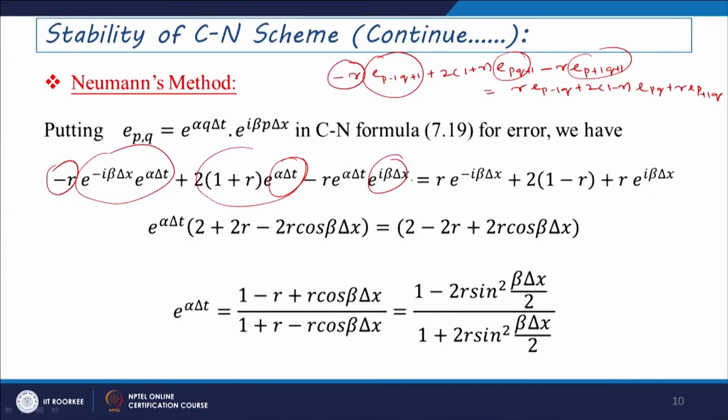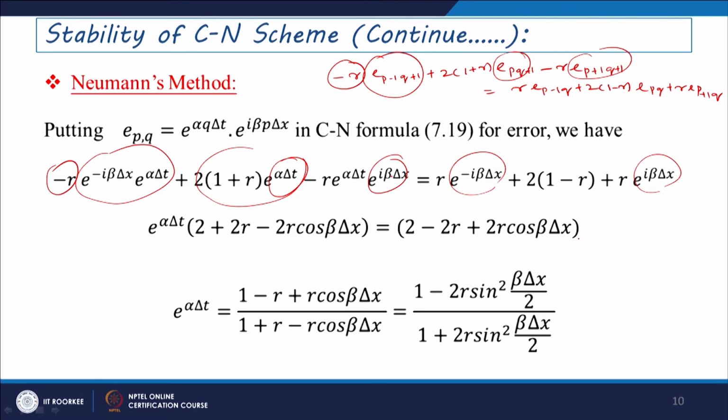Similarly, you can visualize the same coefficients on the right hand side also. And if you write it in a compact form, we can take common e to the power alpha del t on the left hand side, and it can be written in the form of 2 plus 2r minus 2r cos beta delta x, equals 2 minus 2r plus 2r cos beta delta x here.